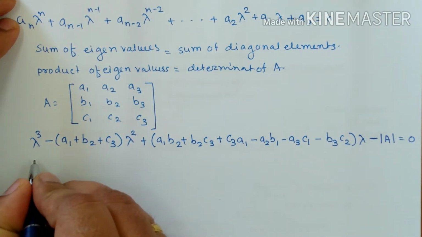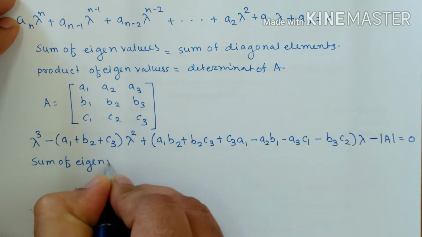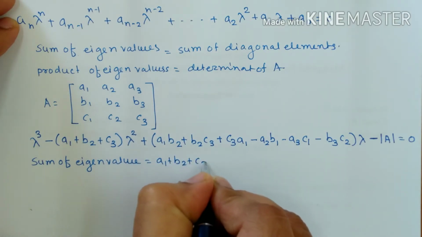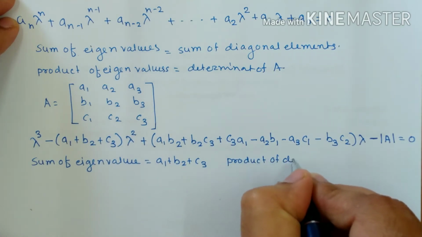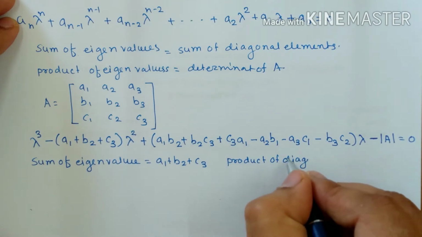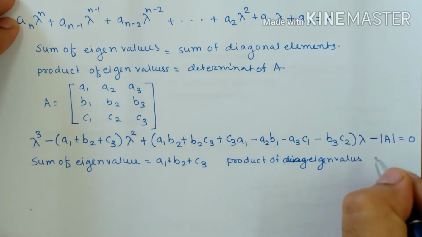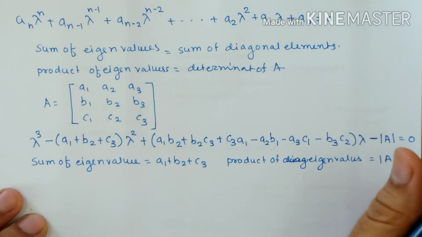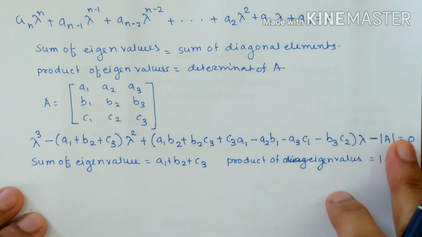And here the sum of eigenvalues is equal to a1 plus b2 plus c3 and the product of eigenvalues is equal to the determinant of A. I hope this idea is clear to everyone. Now this will help you to solve the problems based on the 3 by 3 matrix in a shortcut way.